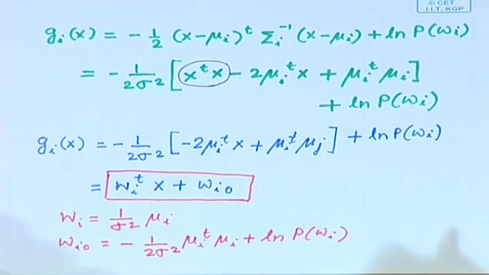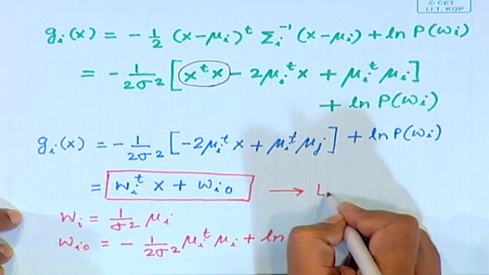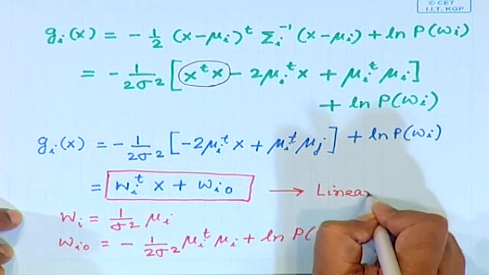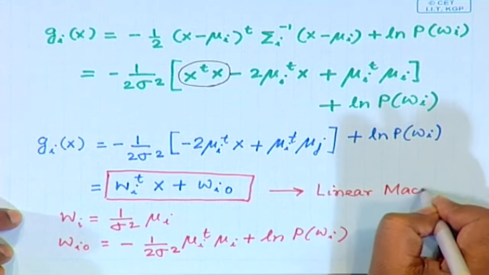And if we have a classifier where the discriminant functions classify based on such linear equations, that is called a linear machine. So a classifier which uses linear discriminant functions to decide about the class belongingness of an unknown vector is called a linear machine.